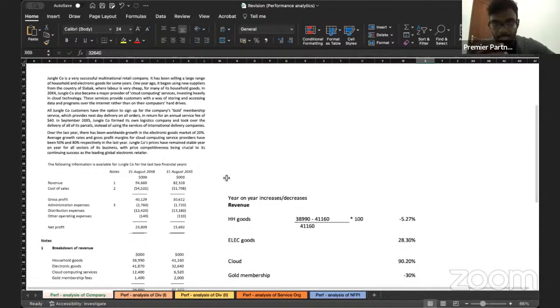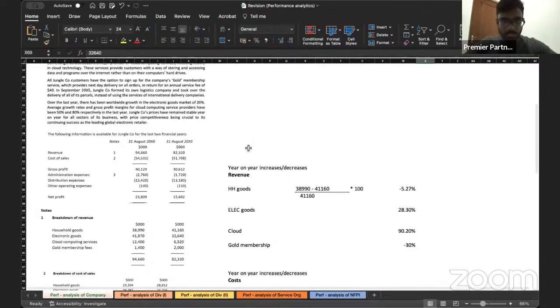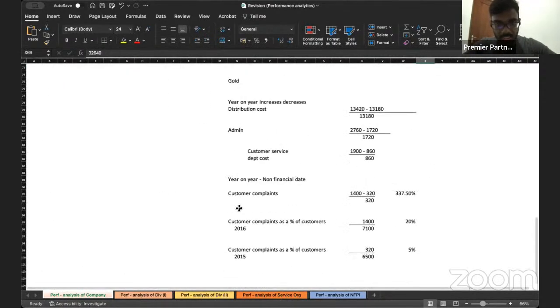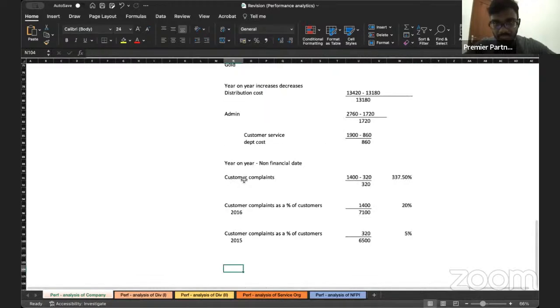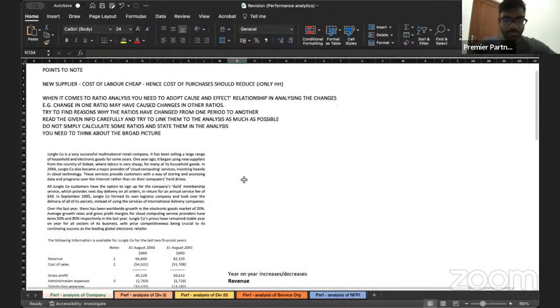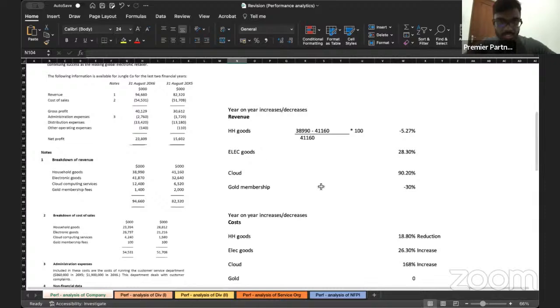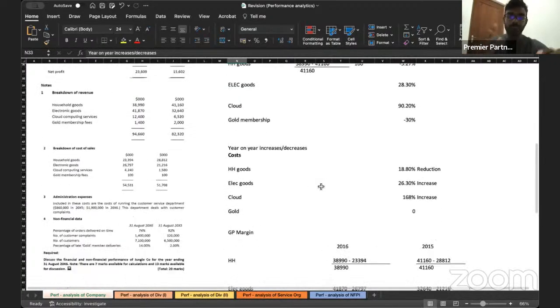I'll share my sample answer. Later I'll attach it to this, or maybe I'll attach a sample answer and erase all these. So this is the performance analytics of companies. Are we clear? You do one more question, people. That should be enough. One more. You have other sections.